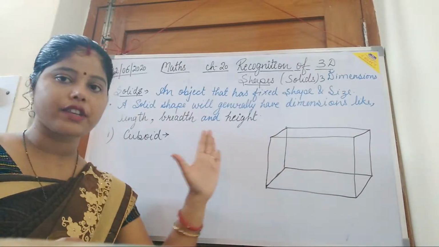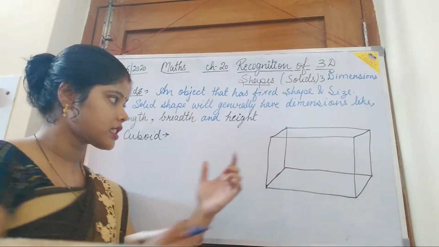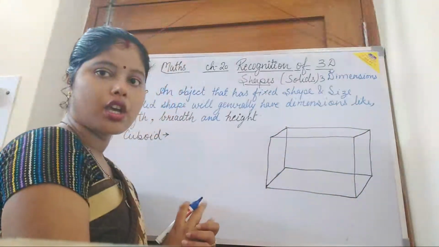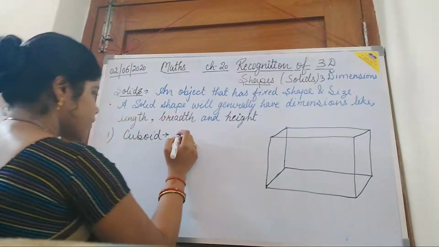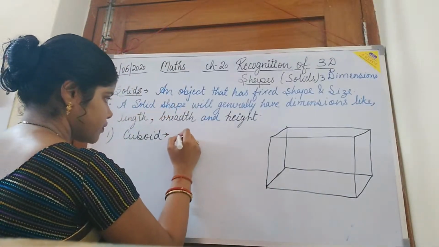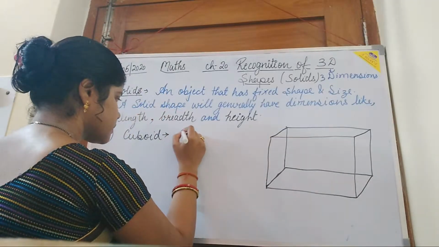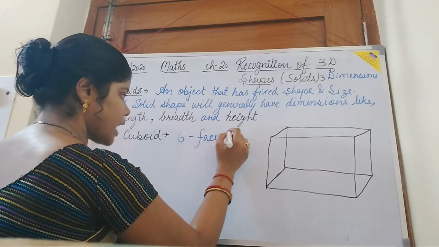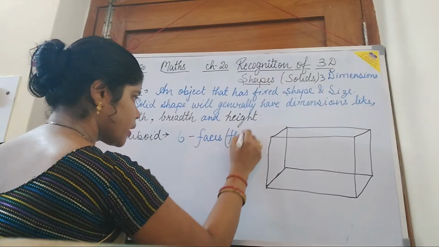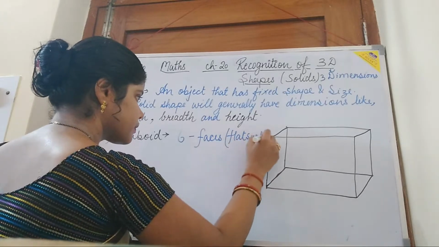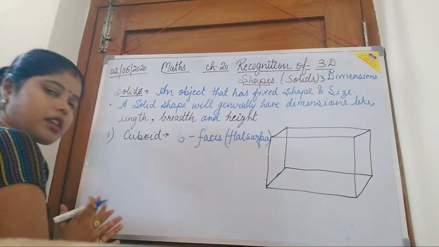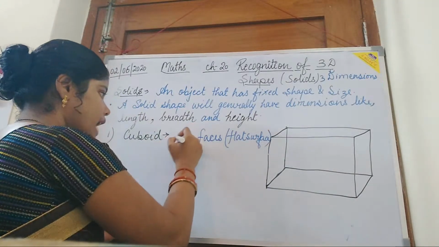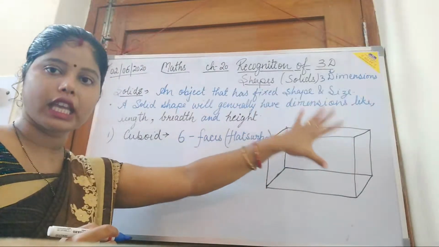These are flat rectangular faces: this is the first rectangle, second, third, fourth, fifth and sixth. The flat surfaces form the faces, so a cuboid has 6 faces.